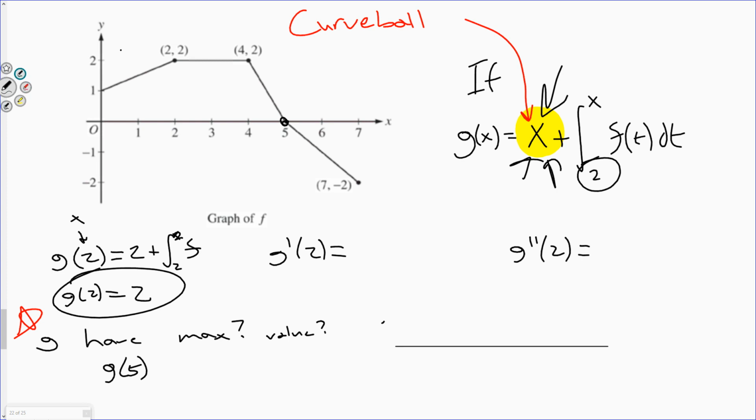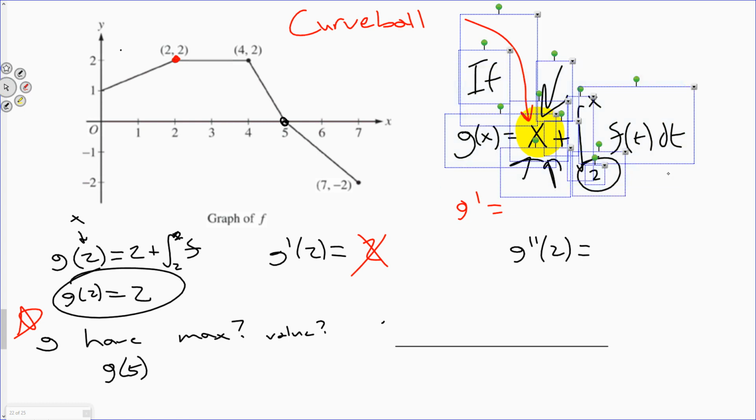Then, if I look at the derivative, we think the derivative of g is just f. So a lot of people will type down 2 because they're like, oh, that's the point on f. You are wrong. Because what do you get when you take the derivative of this right side?